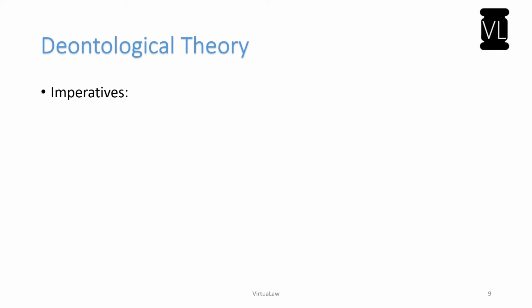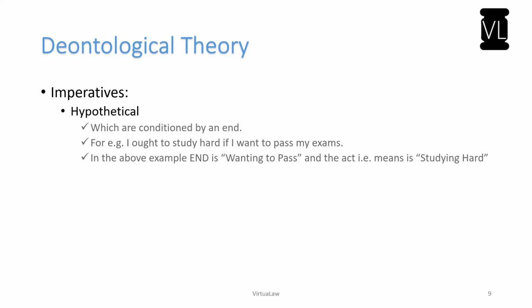As per the deontological theory, Mr. Kant has identified two imperatives, number one hypothetical imperative and number two categorical imperative. As far as the hypothetical imperative is concerned, it is always conditioned by an end. For example, if you look at the screen, I ought to study hard if I want to pass my exams, right? So over here the end is wanting to pass the exam, but the act is studying hard.